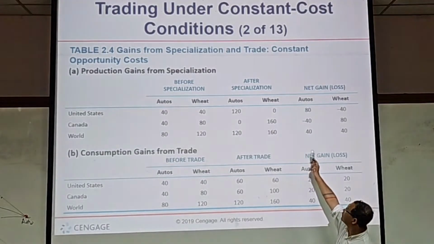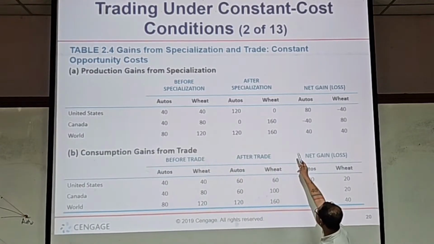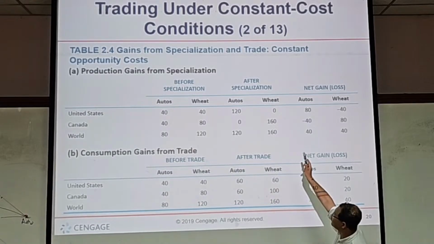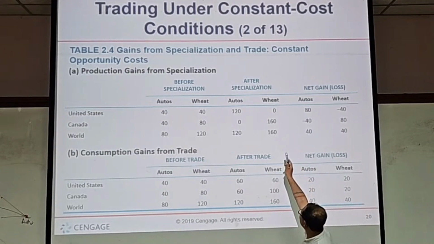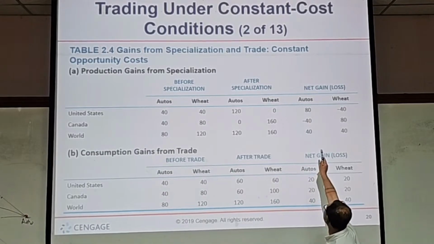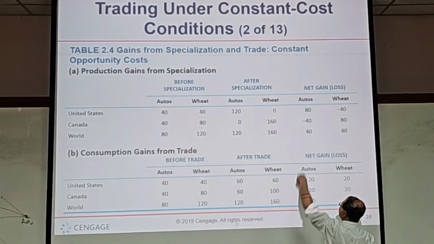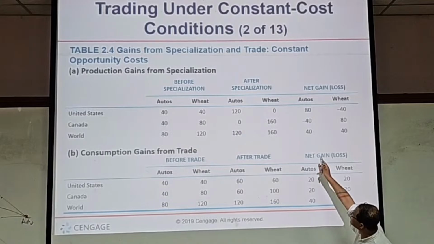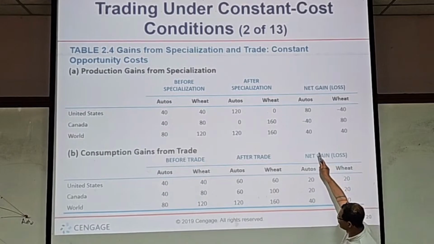So 120 minus 40. Wheat, of course, is zero for the USA. Now with specialization, wheat in Canada. I wish I had a pointer. I'm looking at this line, this column.